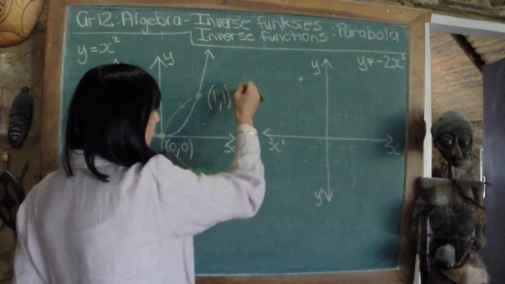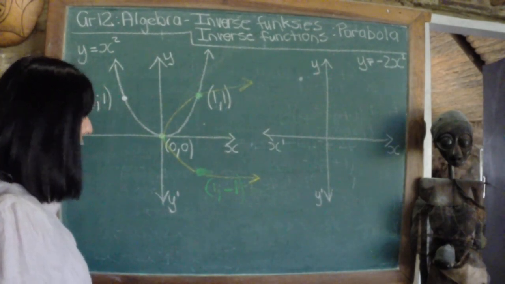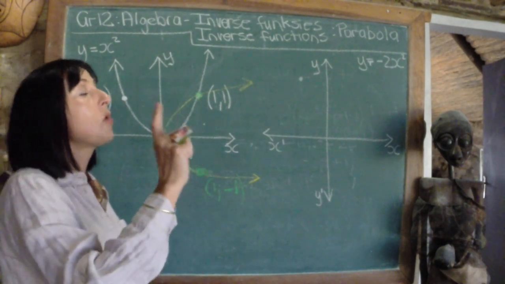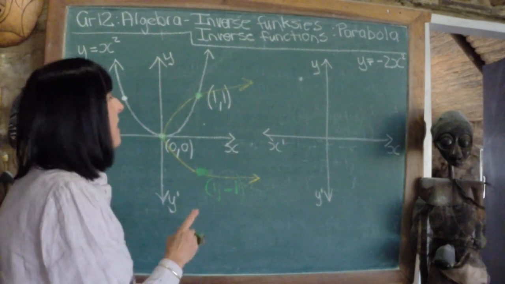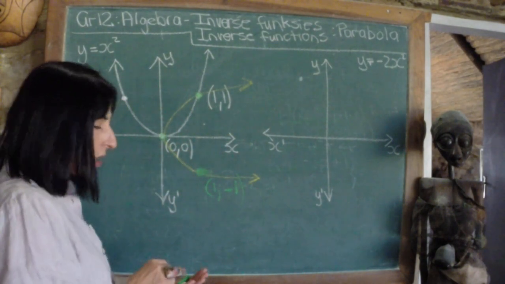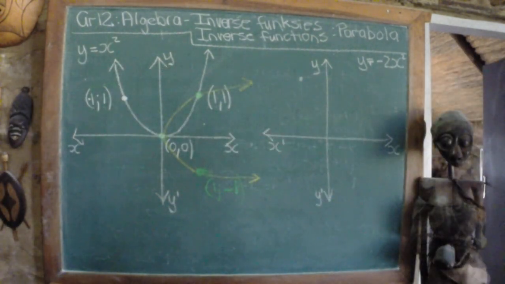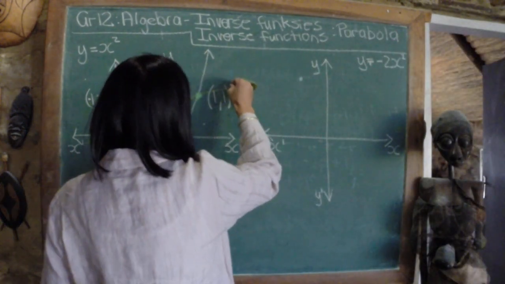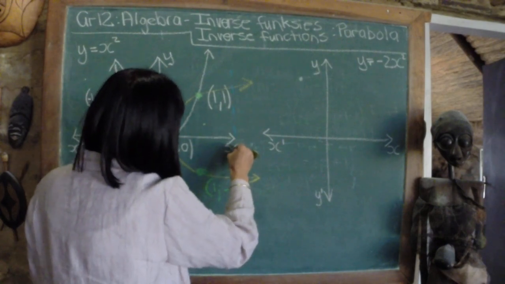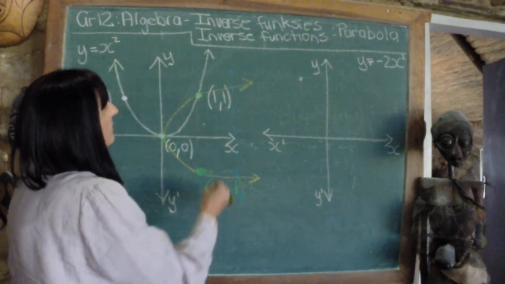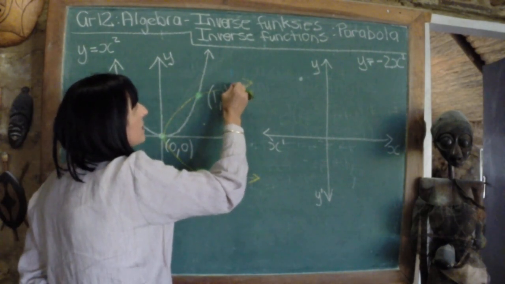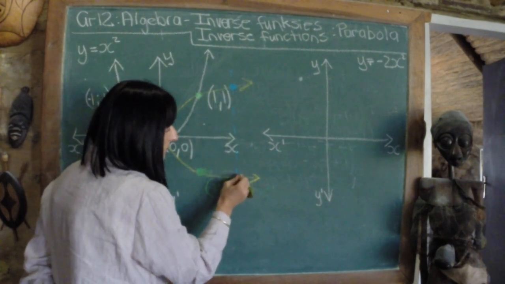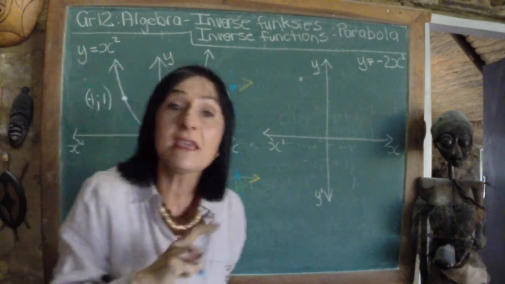Daarso is my inverse, juffrou noem dit nie 'n funksie nie. Hoekom? Hoekom noem ek dit nie 'n funksie nie? Want as jy jou vertikale lyn toets doen, wat bepaal of dit 'n funksie gaan wees, let's do it, vertical line test, then it cuts this inverse twice. En daarom is dit nie 'n funksie nie.